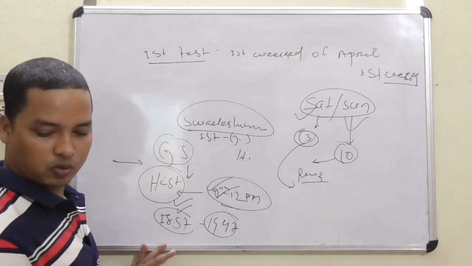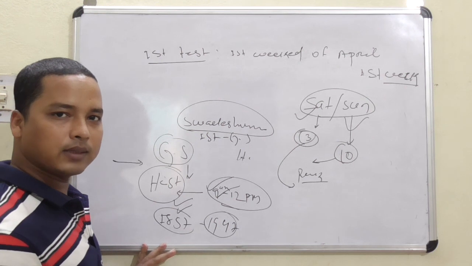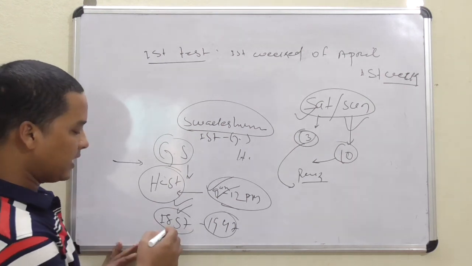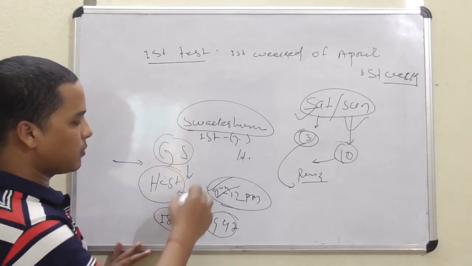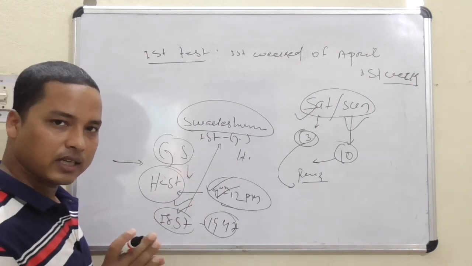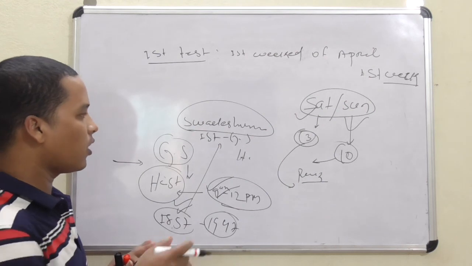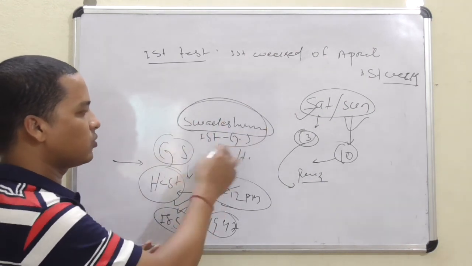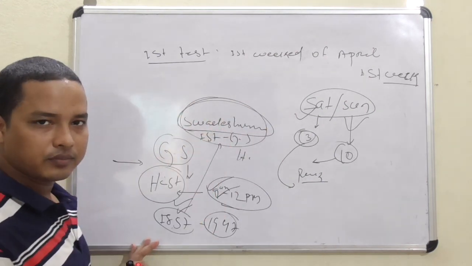So what you have to do is prepare the history from 1857 to the Swadeshi movement. That would be your timeline for the first history test.